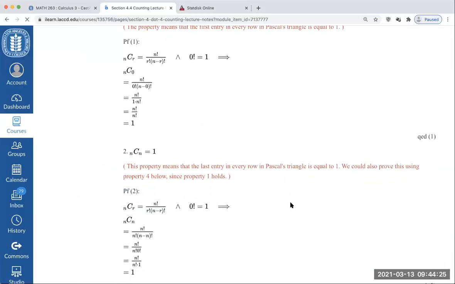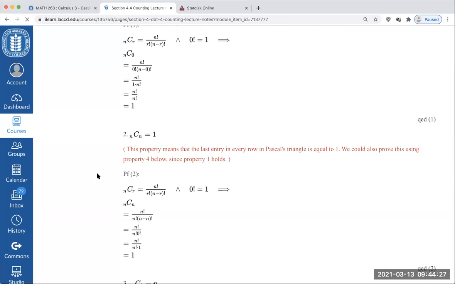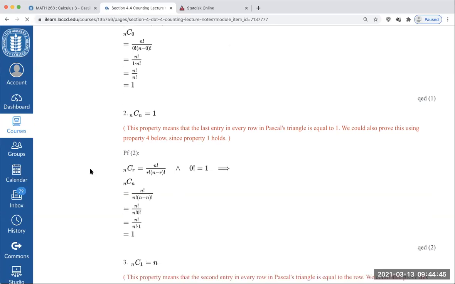Just note that, as it says, we could prove this using property 4 below. It actually shows this, but we'll do it anyway. So again, we're going to use the fact that NCR is n factorial over r factorial times n minus r factorial, and the fact that 0 factorial is 1, just like in the previous proof.